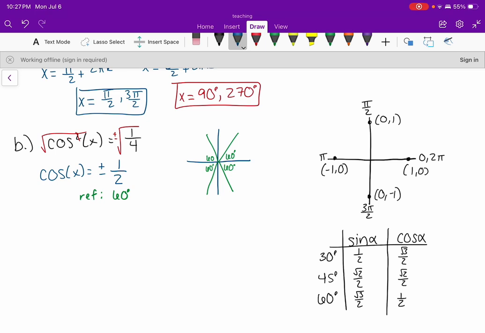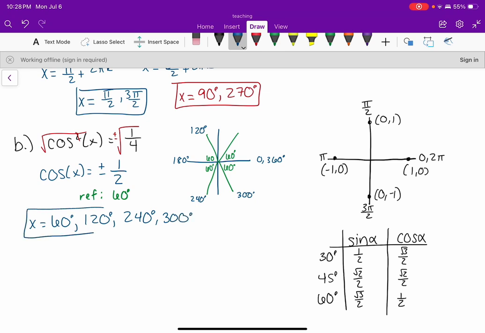So for my answers, I'll have 60 degrees for quadrant 1, 120 for quadrant 2, 240 for quadrant 3. To get those, I'm just either adding or subtracting 60 from 180. To get the quadrant 4, this is 0 or 360. Minus 60 is 300.